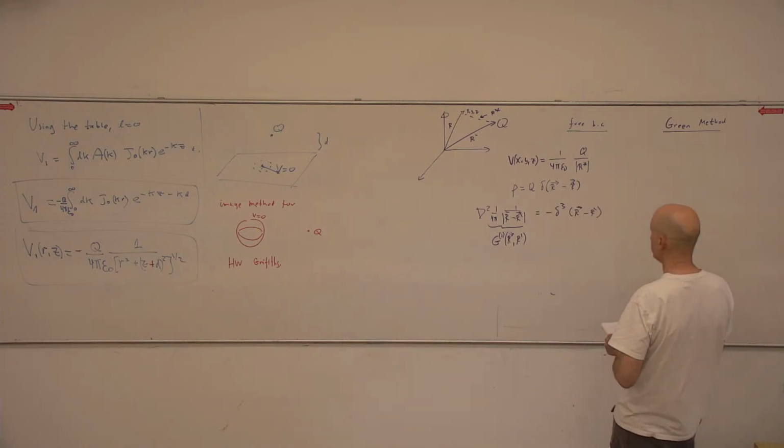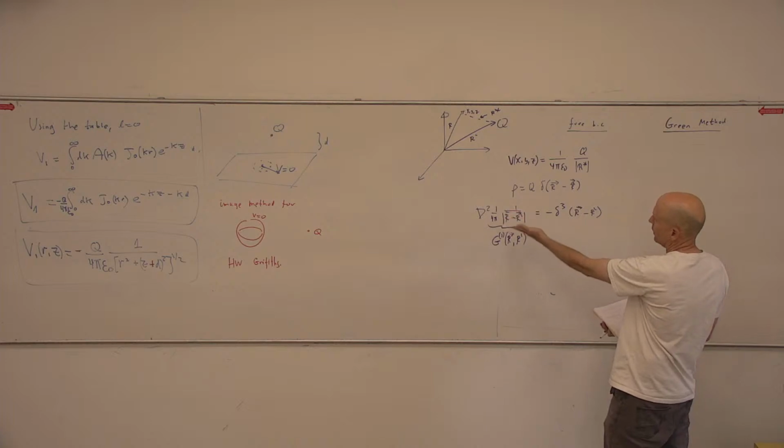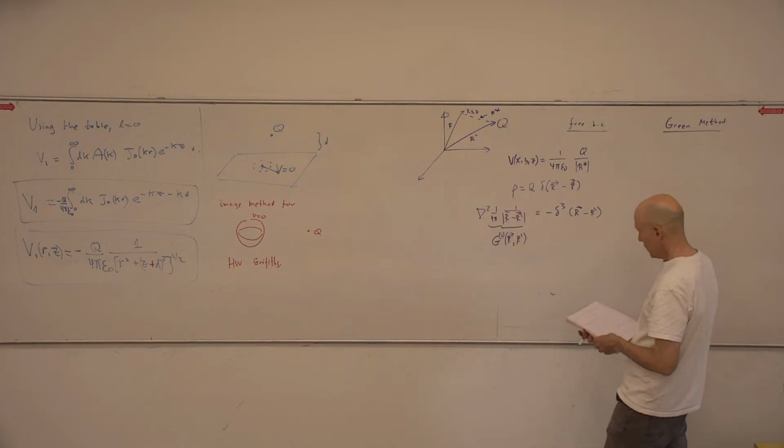And what is the idea? This is essentially the Coulomb law. You see, it's 1 over R star.